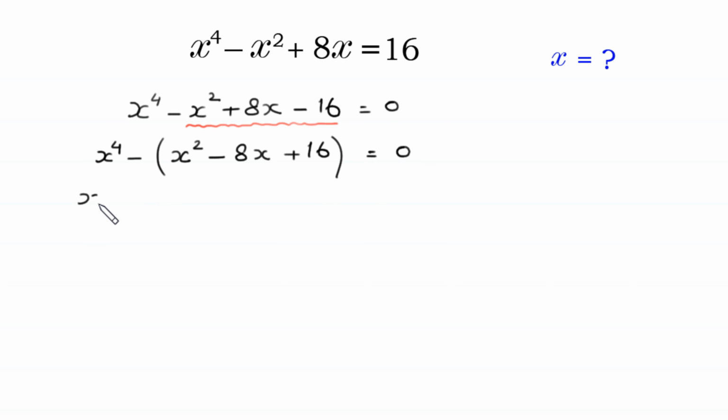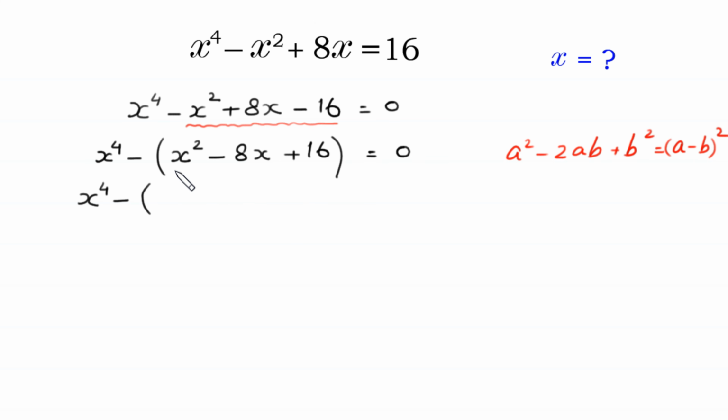Next, x to the power 4 minus, now we can write this expression x squared minus 8x plus 16 according to this algebraic identity: a squared minus 2ab plus b squared is equal to a minus b whole squared.